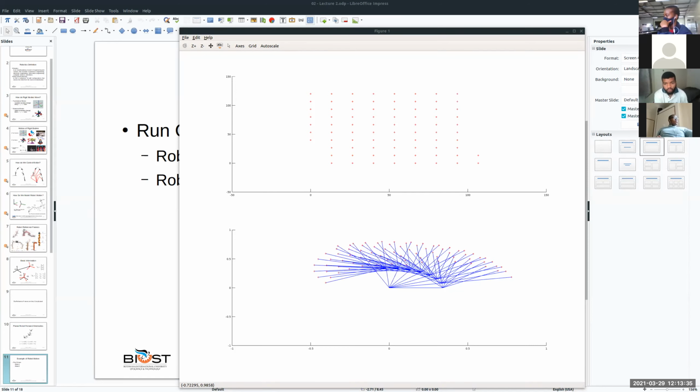Okay, so as you can see, when you keep on incrementing the joints, the movement of the hand is almost like random. We don't have any control.